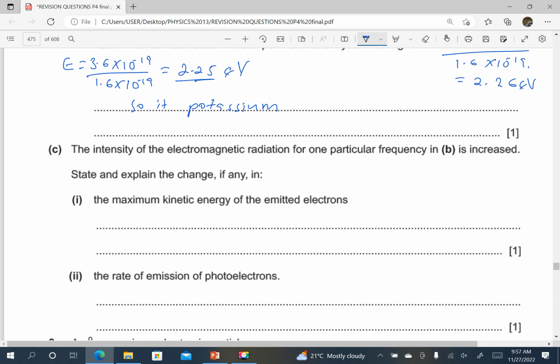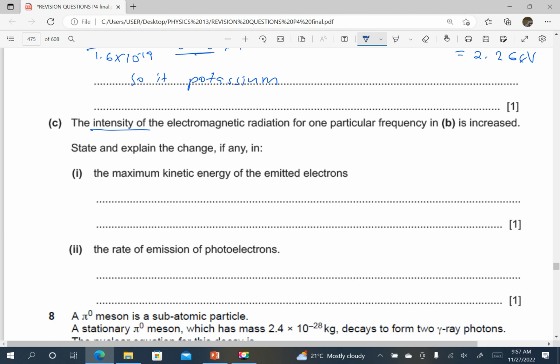The intensity of the electromagnetic radiation for one particular frequency in B is increased. State and explain the change, if any, in the maximum kinetic energy of the emitted electrons. Intensity is increased. Intensity does not affect kinetic energy.